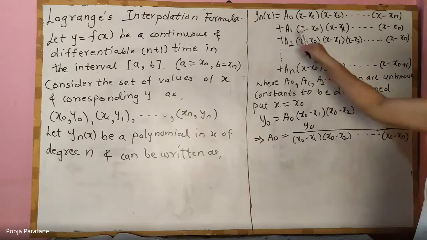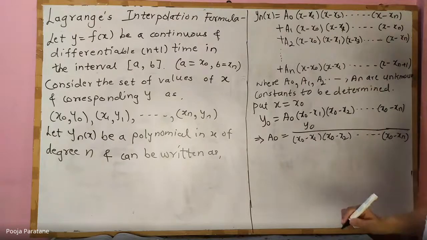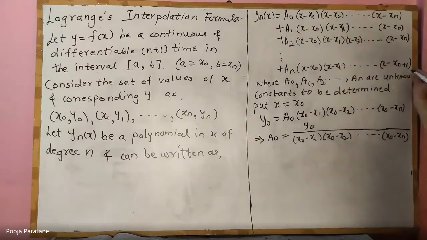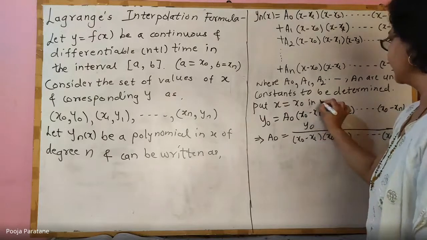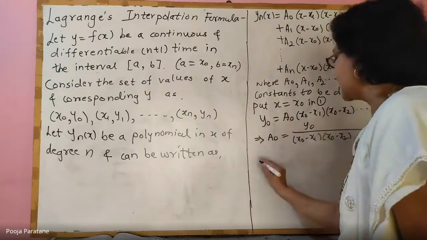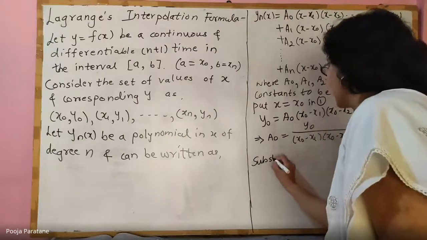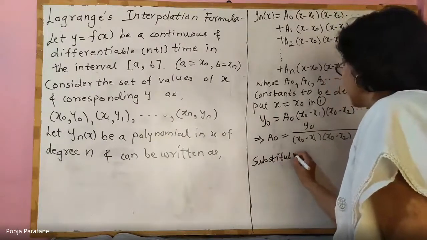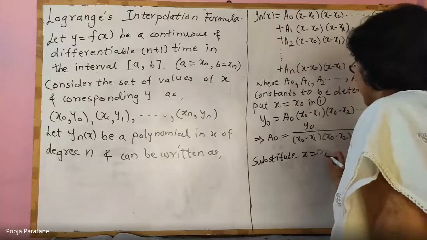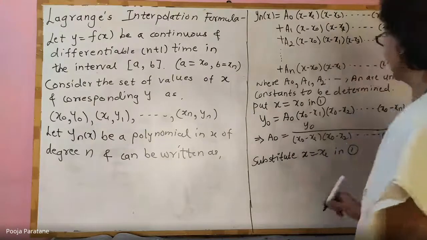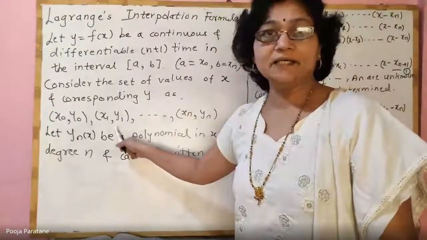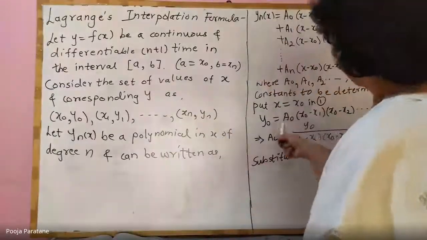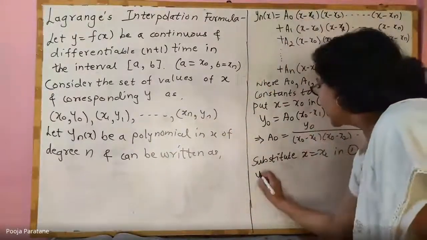Similarly, we can find the value of a1. So for this, we will put, or you can say substitute, x equal to x1 in equation 1. At x equal to x1, the value of y is y1. So here it is y1.